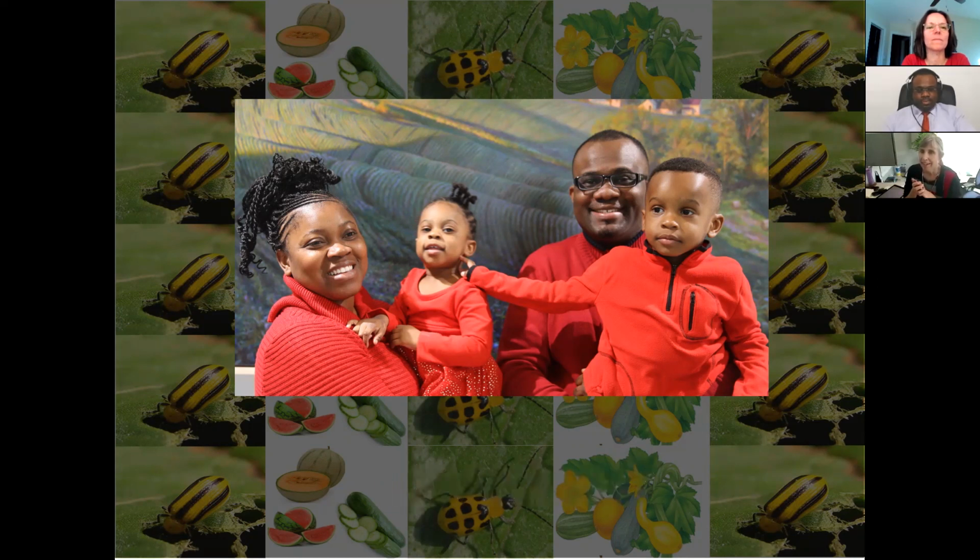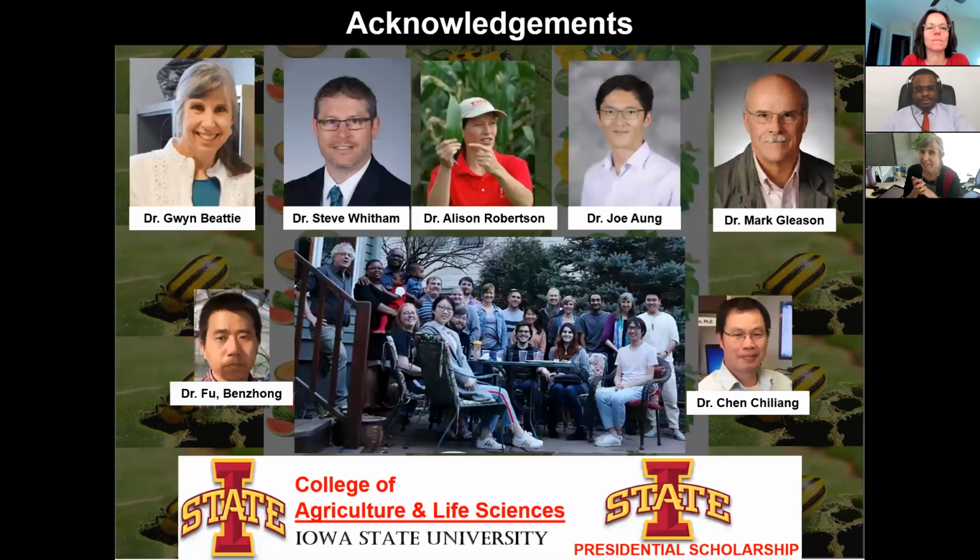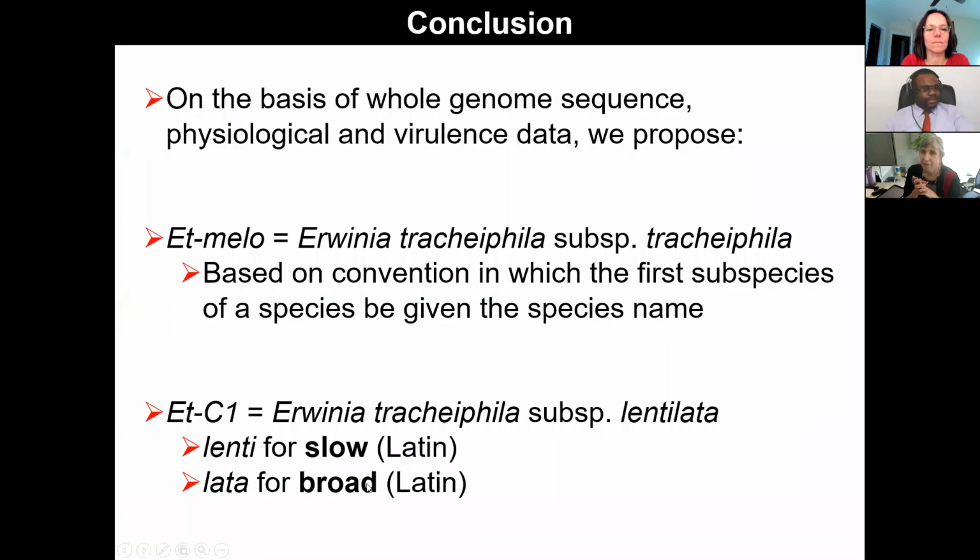Okay, thank you. So lentillata is, if you remember the map that showed the geographical distribution of the strains, there was ETC1, there was ETC2. The ETC1 strains were more broadly distributed than the ETC2 strains.